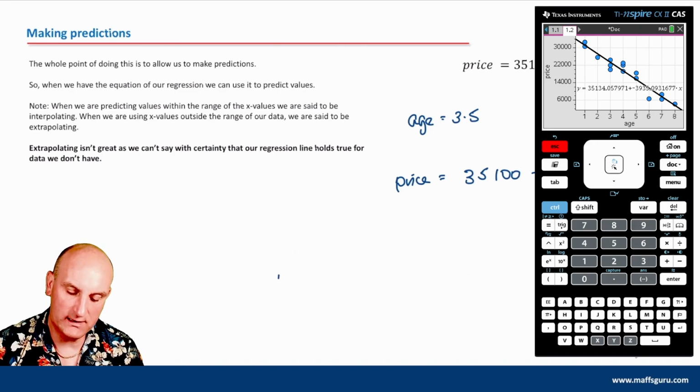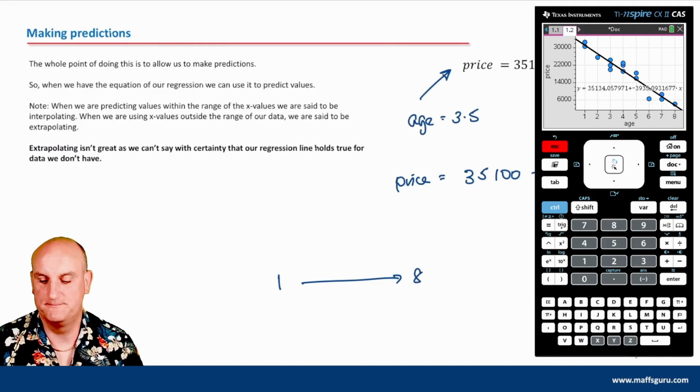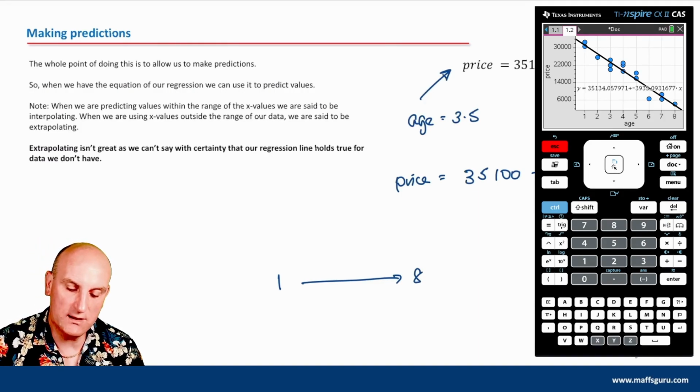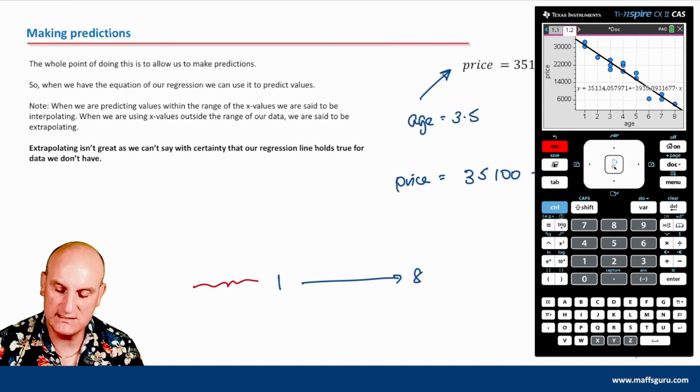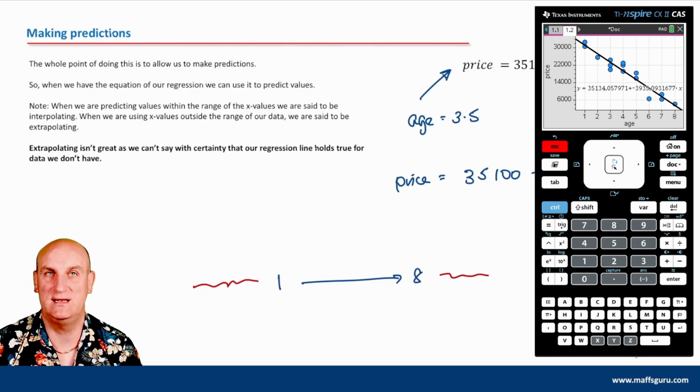So any data value between 1 and 8 that we put into that equation, we're fairly happy that we can use to predict. Values outside of that, so values less than 1 or greater than 8, we have an issue. In that situation, it's called extrapolating my data. Why? We don't know what's going to happen to my equation after that. We don't know whether that line holds true.